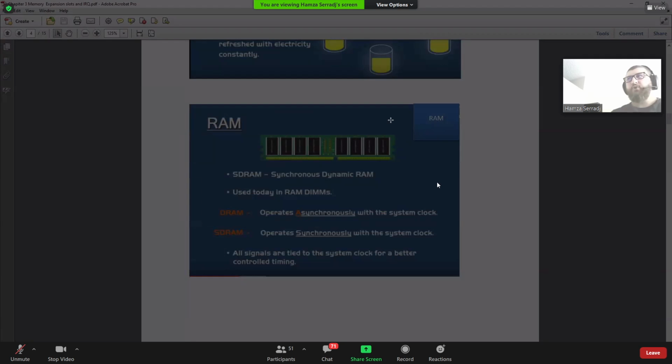All right. So we had RAM, DRAM, SRAM, static, dynamic. On the dynamic, we had after that the synchronous, which was synchronized with the system clock, with the frequency of the motherboard.